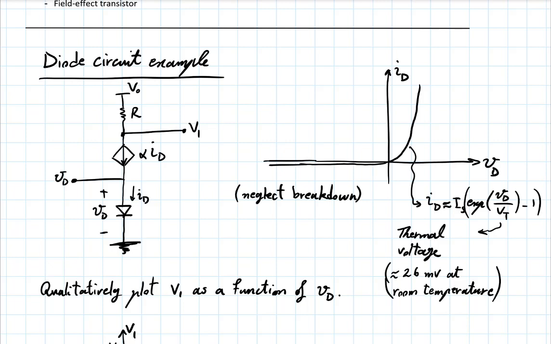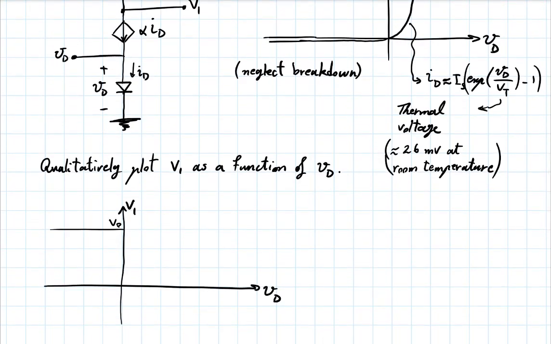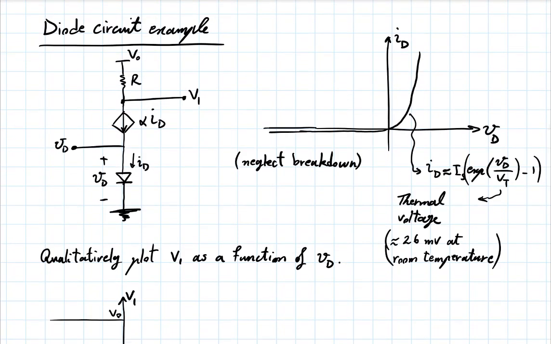As you increase VD further, so imagine you reach VD equal 0.2, 0.3, 0.4 volts. Not much happens because the diode initially has a slow increase in its current, right?